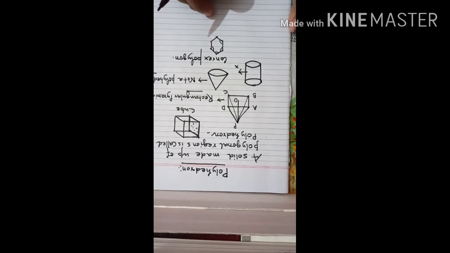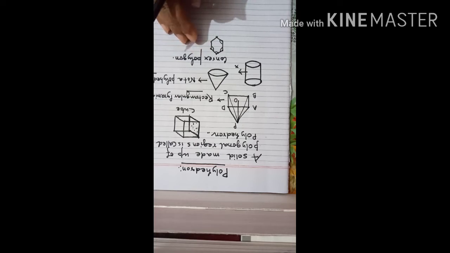This is a convex polygon. Then what is a convex polyhedron? Polyhedrons that are made up of convex polygons are called convex polyhedrons. A cube is also a convex polyhedron.